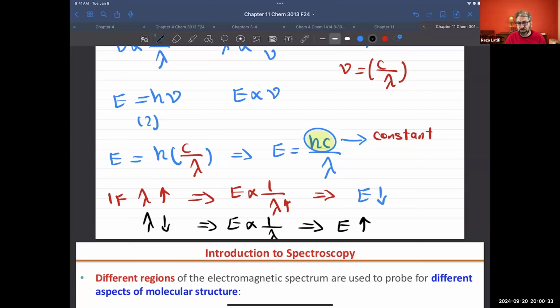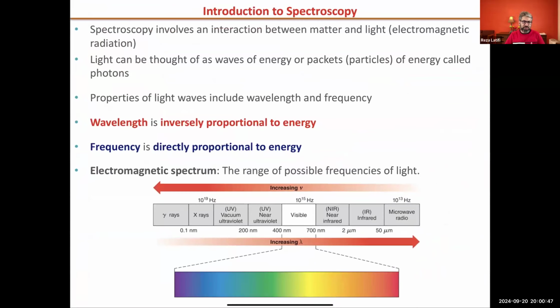Now that we know the relationship between wavelength, frequency, and energy, we're going to go after different techniques that we use in organic chemistry to characterize organic molecules. It depends on the wavelength that you are using. You can target a specific aspect of any chemical compound.